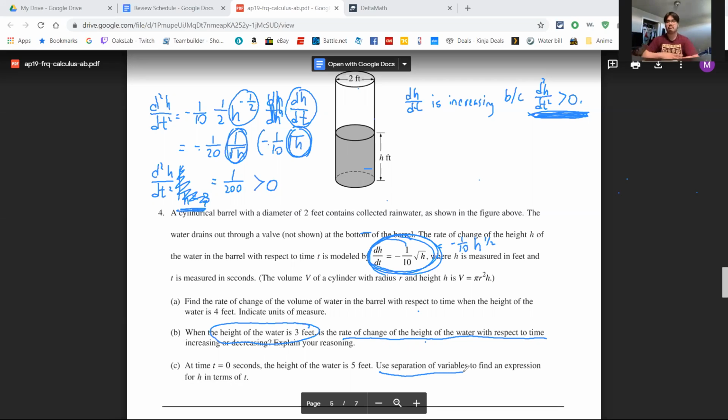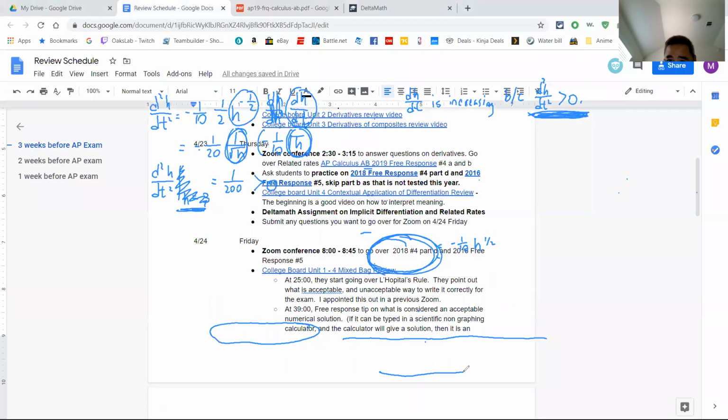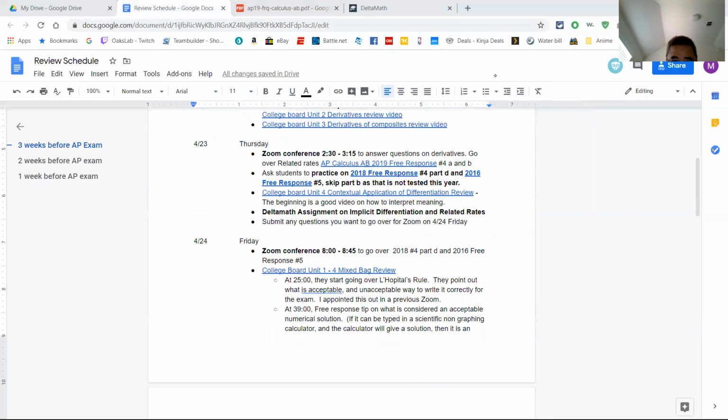All right, if you got no questions, I'm done for the day. I'll see you guys tomorrow. You got some practice right here. Like I said, I'm not trying to keep you here long unless you got questions. As you can see right here, you are going to practice implicit and related rates on Delta Math.